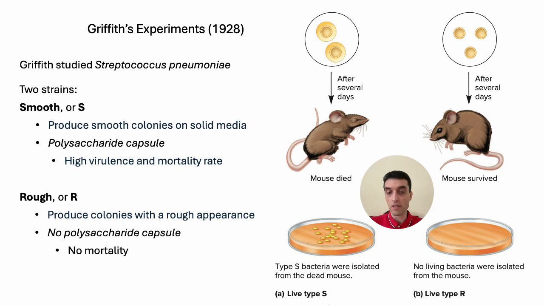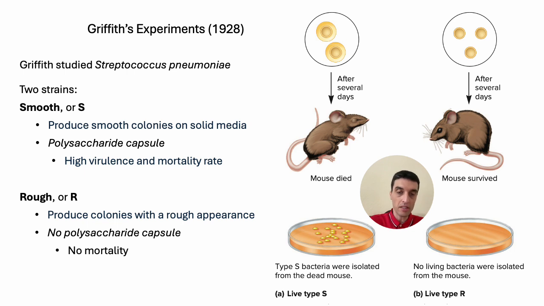Solid media is like an agar media. You guys probably studied this in microbiology. It's like a jello. And they would be smooth because they would produce a layer of sugar around the bacteria, made of polysaccharide, and that was called a polysaccharide capsule.